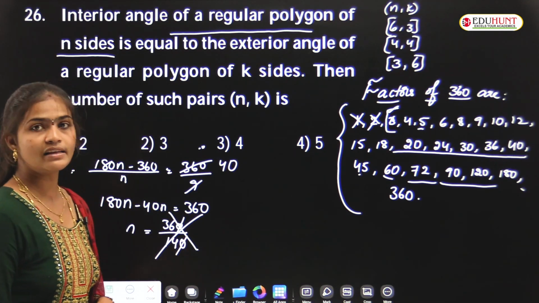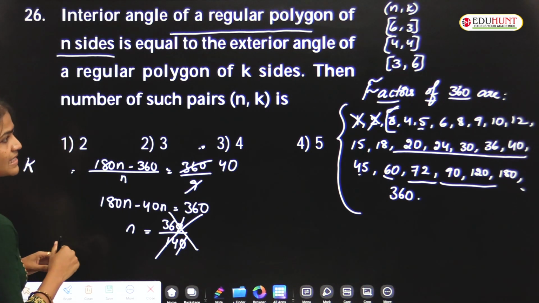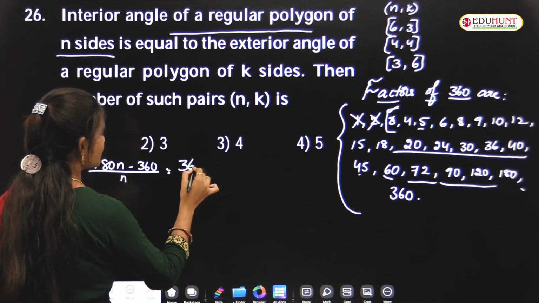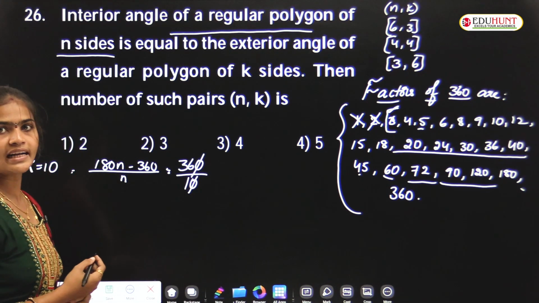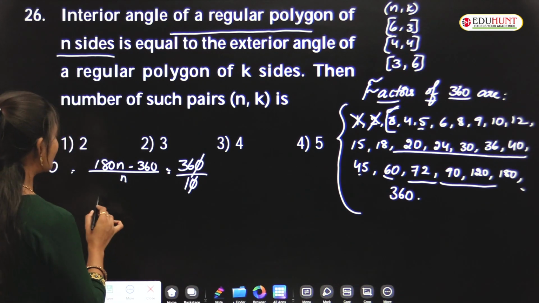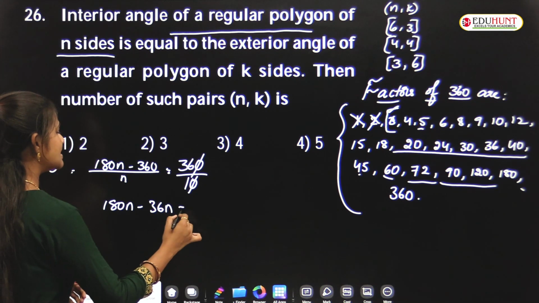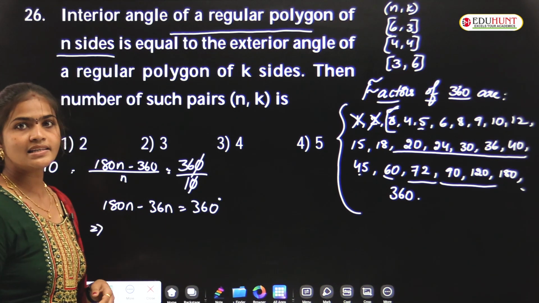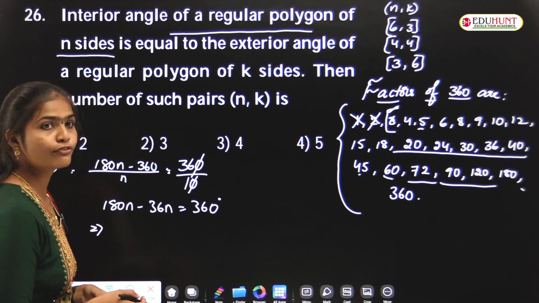Okay, here onwards easily we can check that. So let us take k is equals to 10. So 360 whole by 10. 0 and 0 get cancelled, so we will get 36, no? So 180n minus 36n is equals to 360. Okay, so 180 minus 36, which is equals to 144.